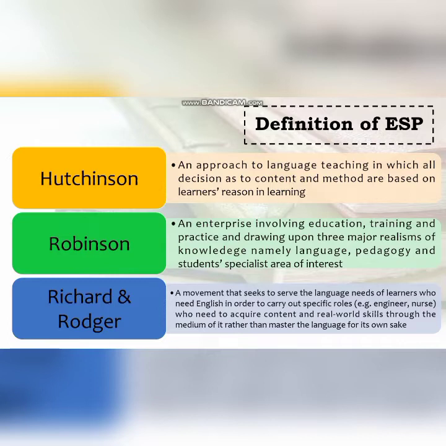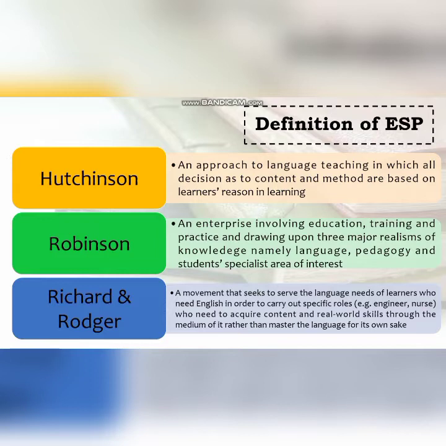So it means that English for specific purposes refers to language teaching in which the content, the methodology, the activities during the teaching and learning process are fully based on the learner's reason in learning.